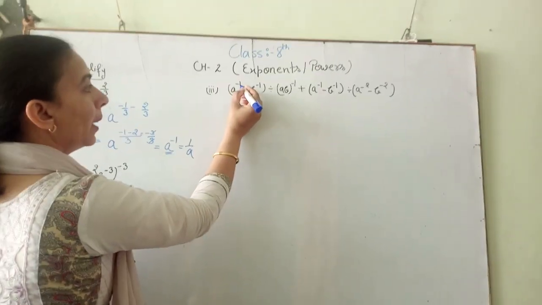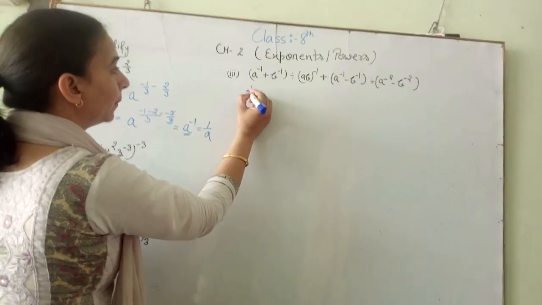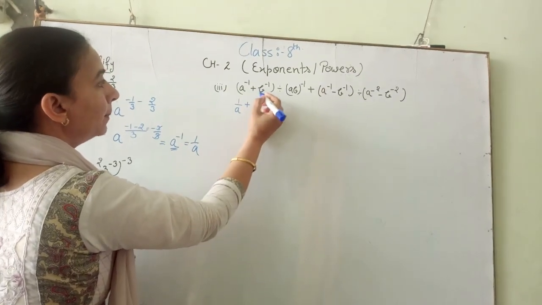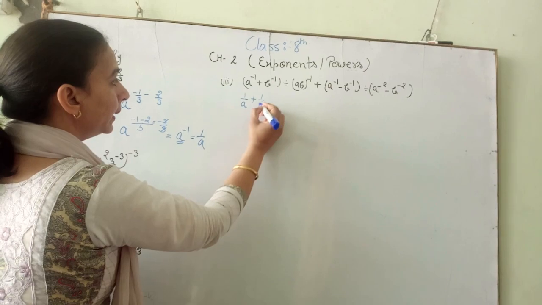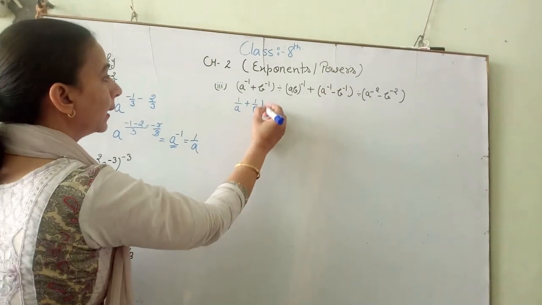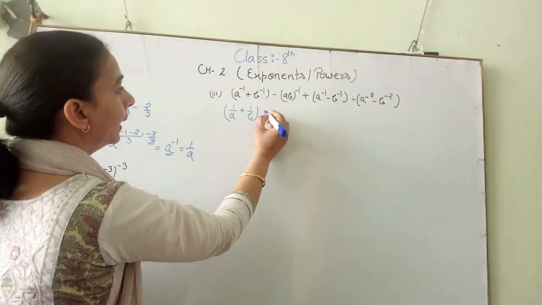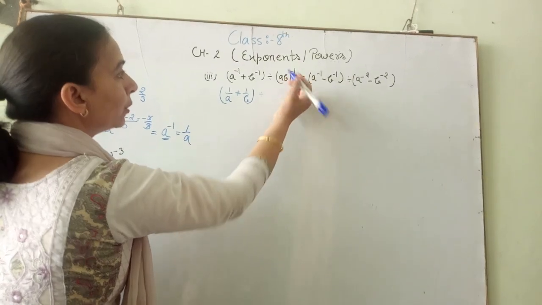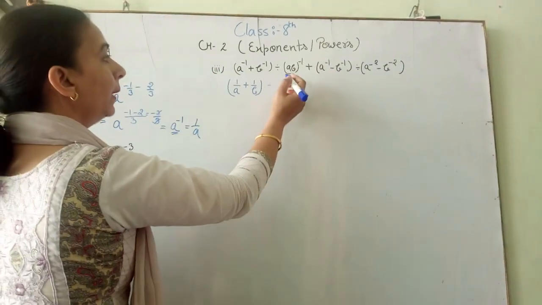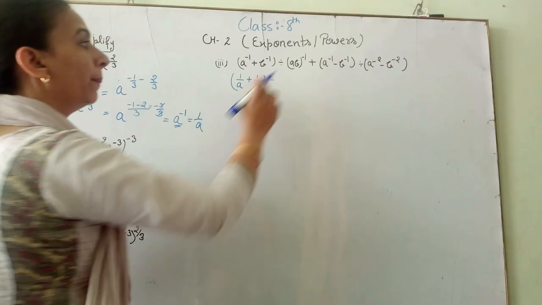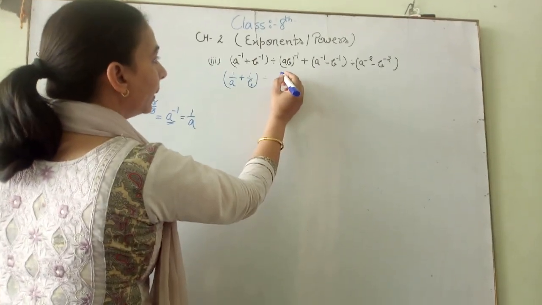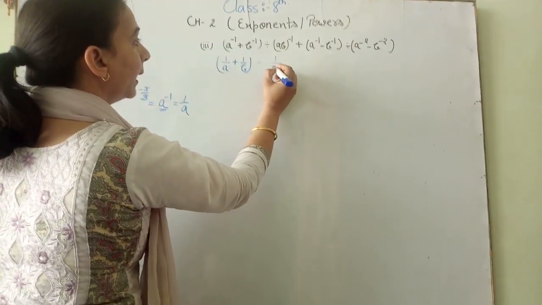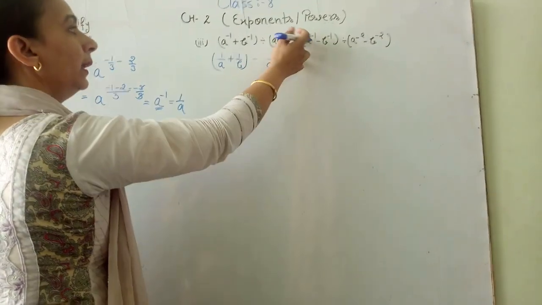A raised to the power minus 1, we can write this as 1 by a, plus b raised to the power minus 1, we write it as 1 by b. Clear? The bracket as it is, divided by ab raised to the power minus 1. We can write in place of the minus power, 1 by ab, 1 by ab, then to the power 1.